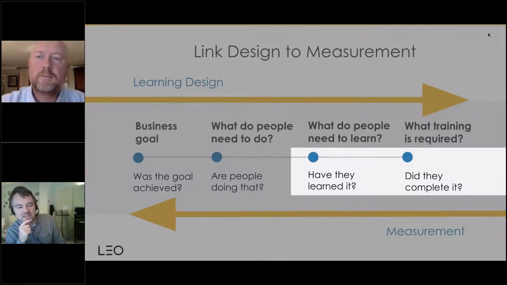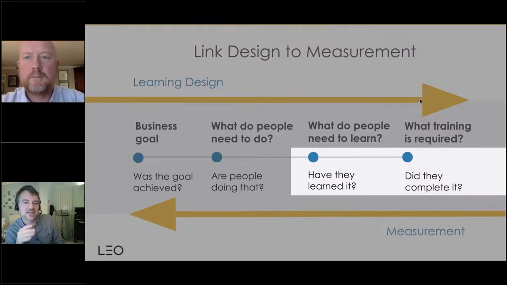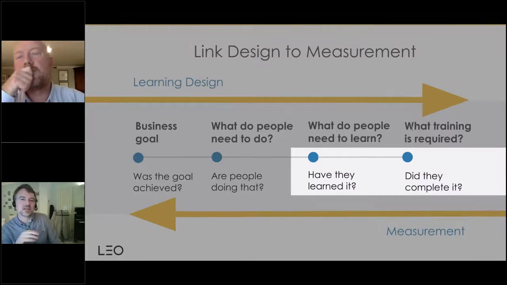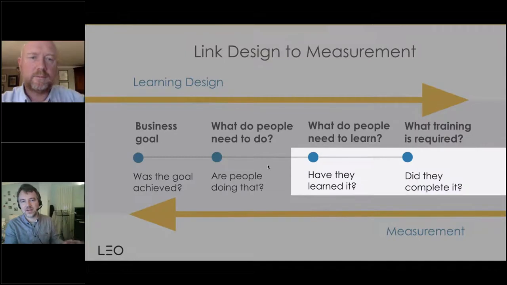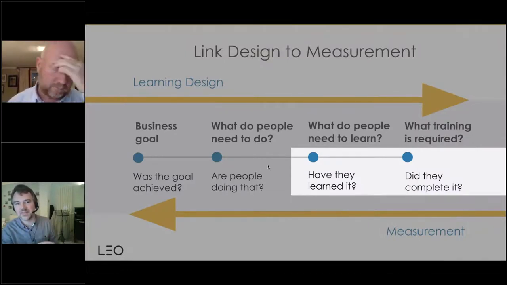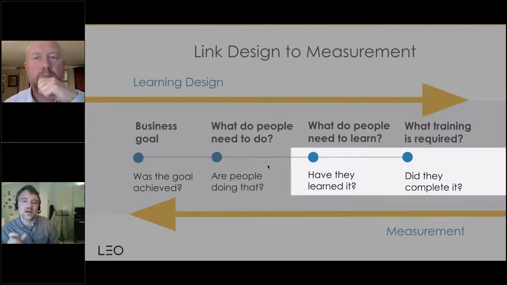These are often questions that people are a little bit disparaging about. They say they're low-level analysis, and in some ways they are. Completions and assessment results are quite low-level ways of thinking about training, and if you only focused on those, you'd be missing the big picture. But what I would like to point out is that if you've done the correct logic in devising your learning, if you follow that learning design process of achieving a business goal, then these measures mean a lot more than if your learning is sitting in isolation and was just one request for training at some time that led to its creation.